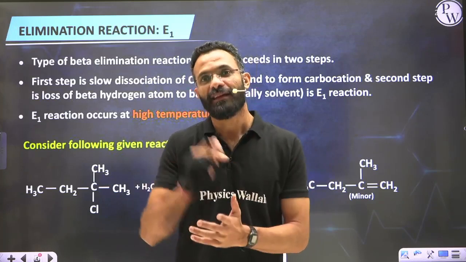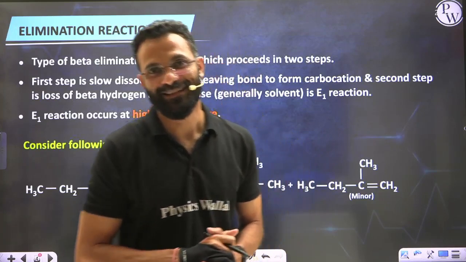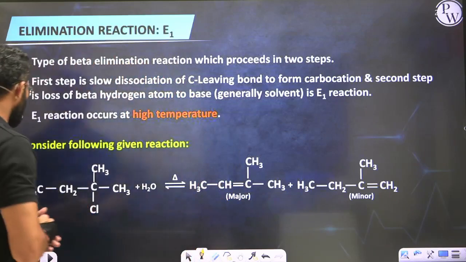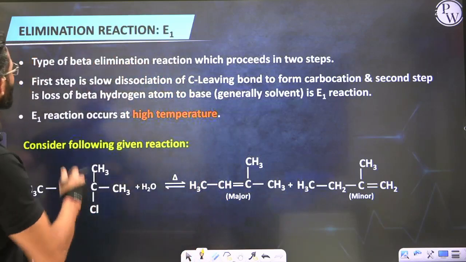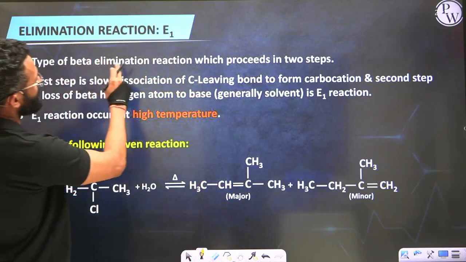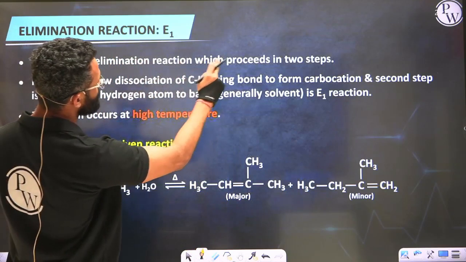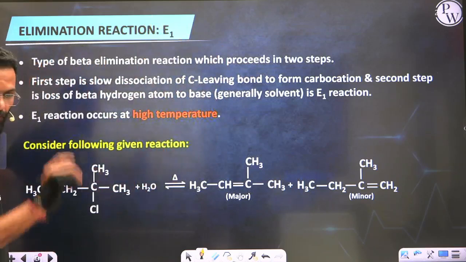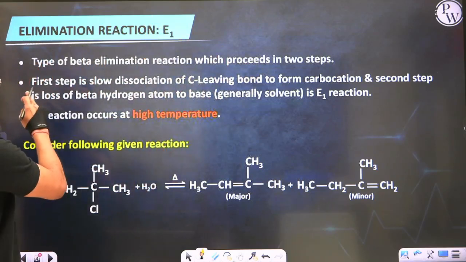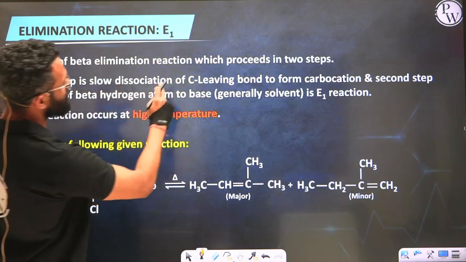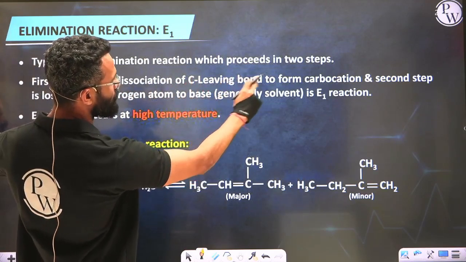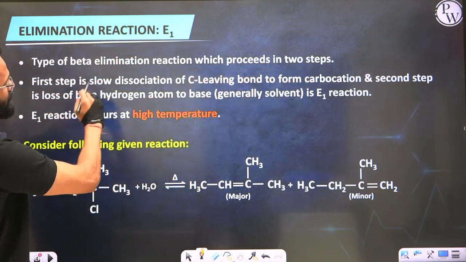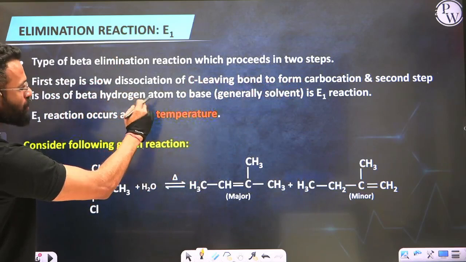Hence E1 is a two-step reaction. Like we said, the type of beta elimination which takes place in two steps is E1, unimolecular elimination, in which step 1 is slow dissociation of the carbon-leaving group bond to form a carbocation, and the second step is loss of the beta hydrogen atom to the base.